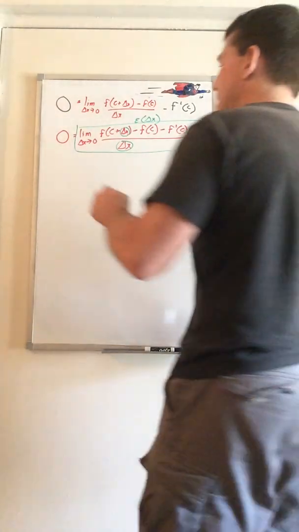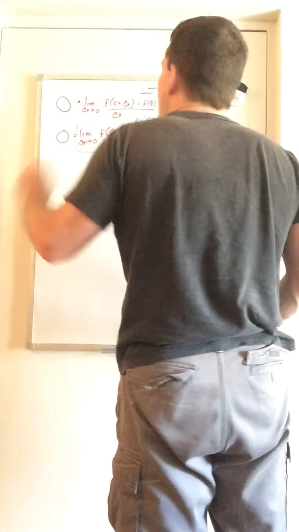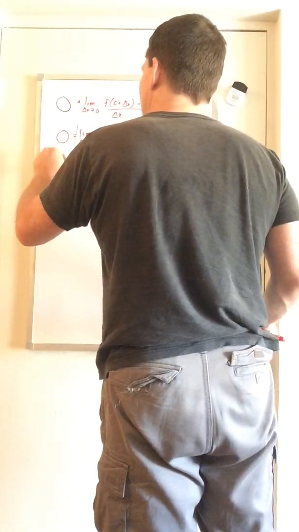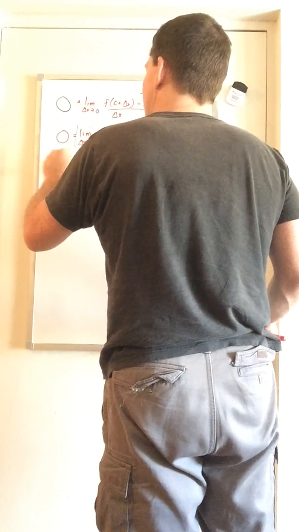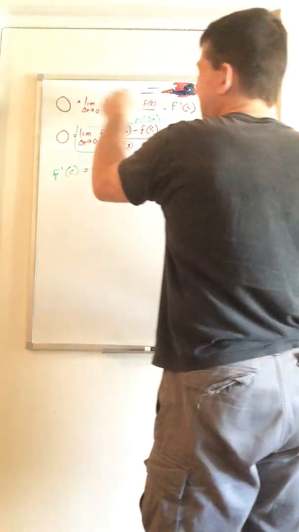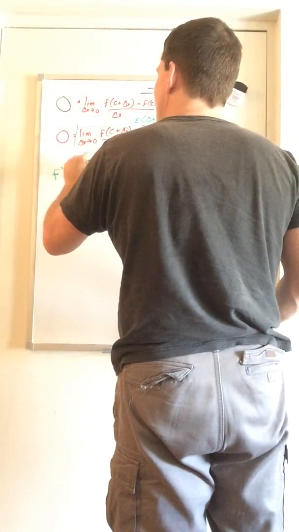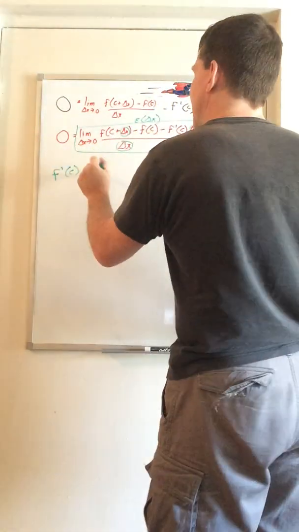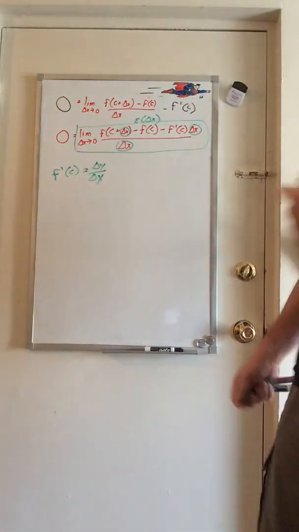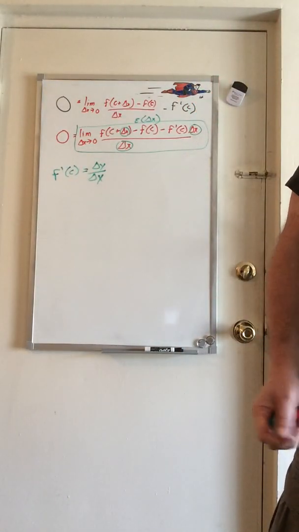Now, one thing to note, when I talk about a derivative, maybe down here, we'll say f prime of c. Another way to define f prime of c, to simplify this definition, is to use the simpler delta y over delta x.